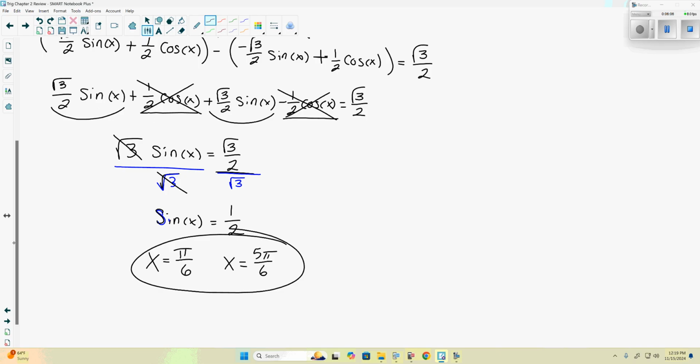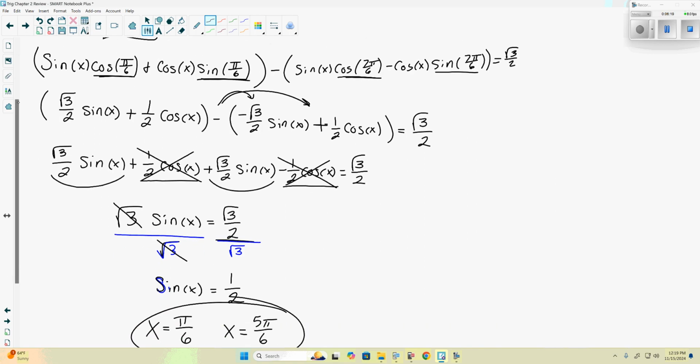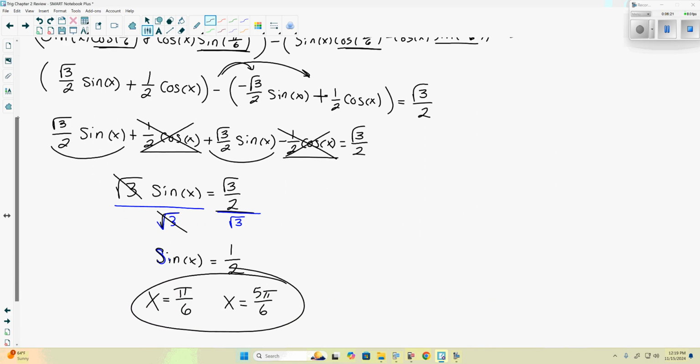Any other question or any questions on this here? Any other questions on 53 through 55? One of those that y'all want to look at.